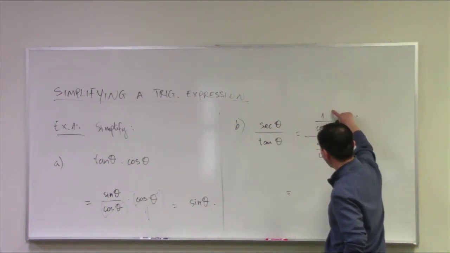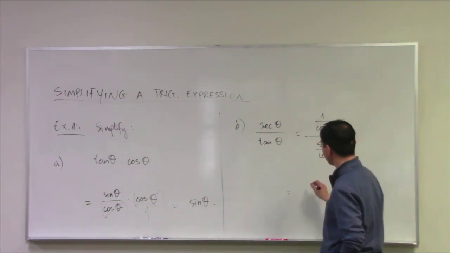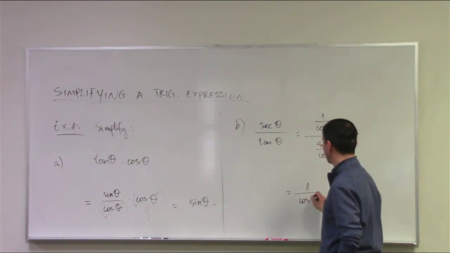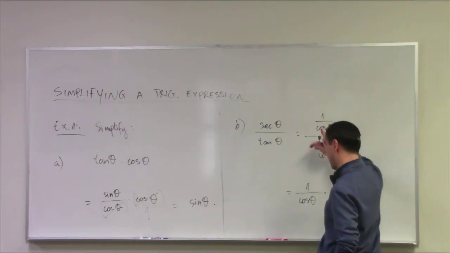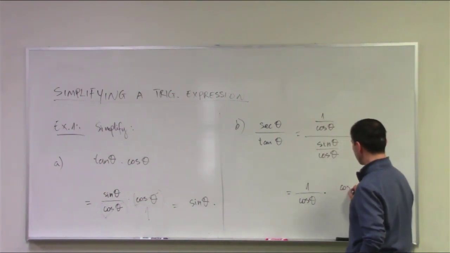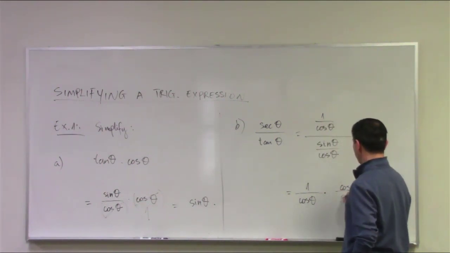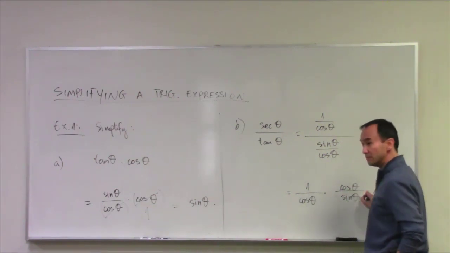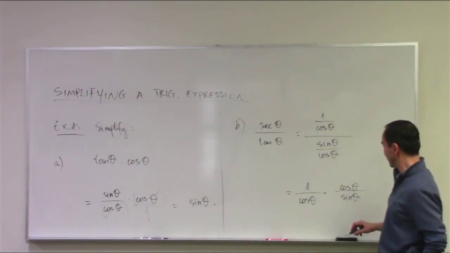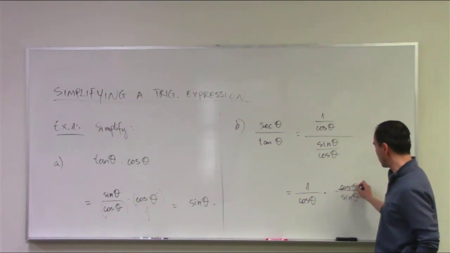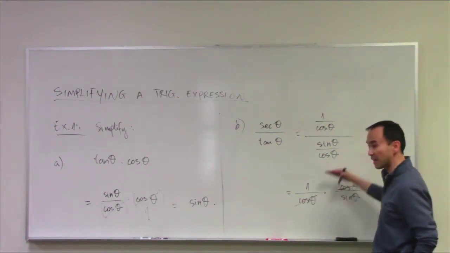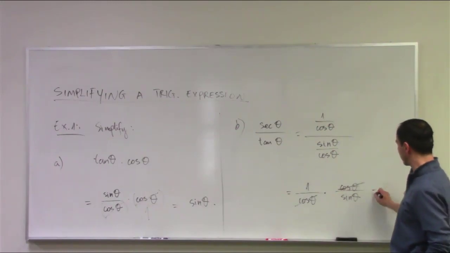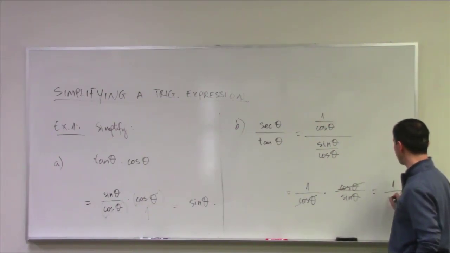There's a fraction of 1 over cosine theta as the numerator, but I'm going to multiply by the reciprocal of the denominator, so that's cosine theta over sine theta. And so yes, simplifying means what? We're going to cancel away that common factor that appears at both top and bottom, so we reduce things down to 1 over sine theta.